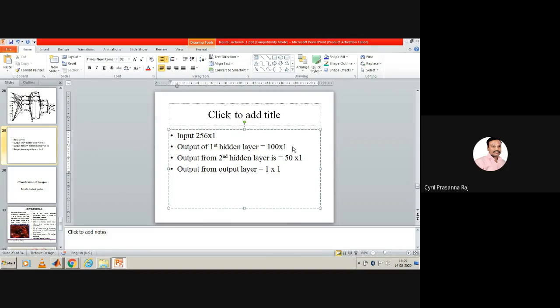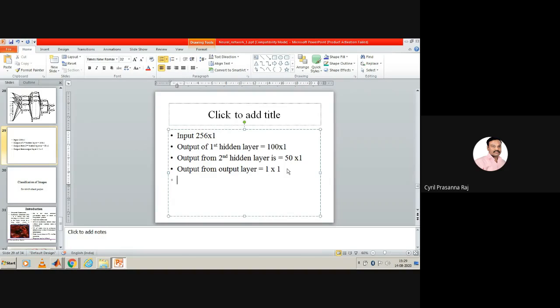So the 256 cross 1 input is used to generate a 100 cross 1 output in the first hidden layer, then 50 cross 1 in the second hidden layer, and 1 cross 1 in the third layer. To do this, we need to understand what mathematical operation is happening.